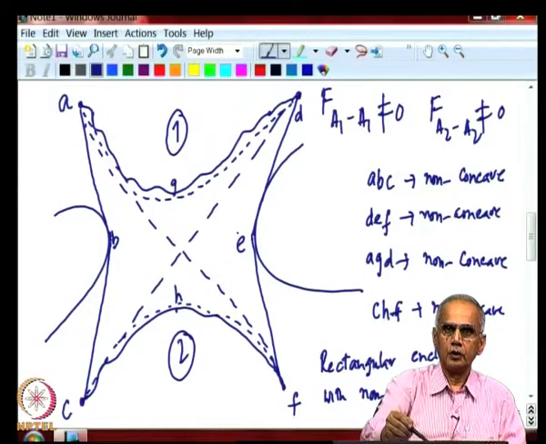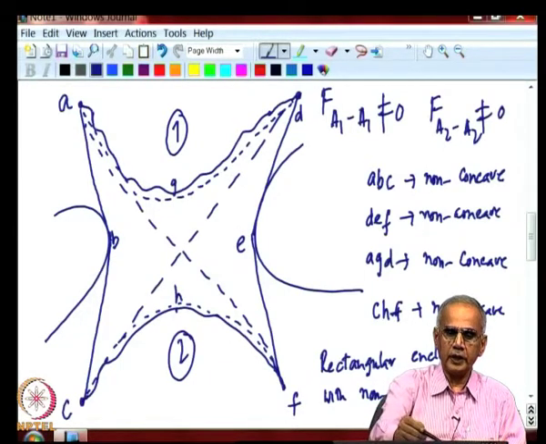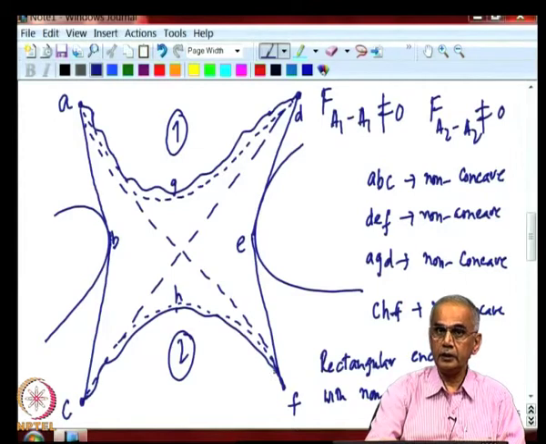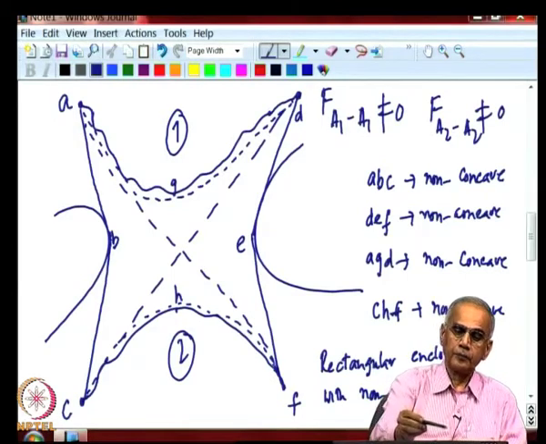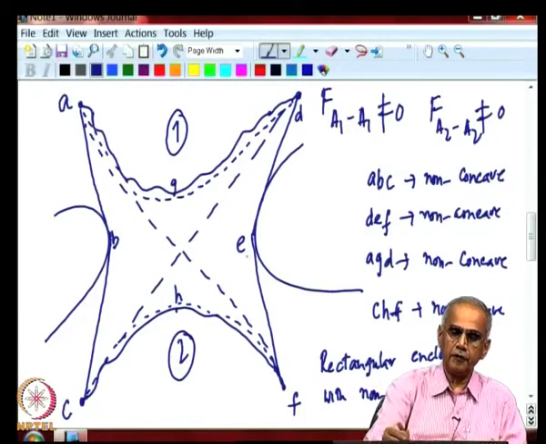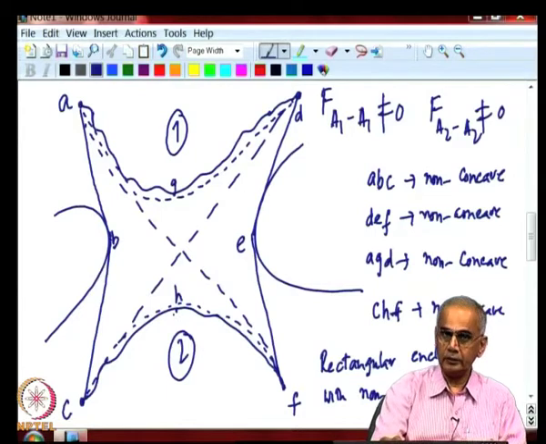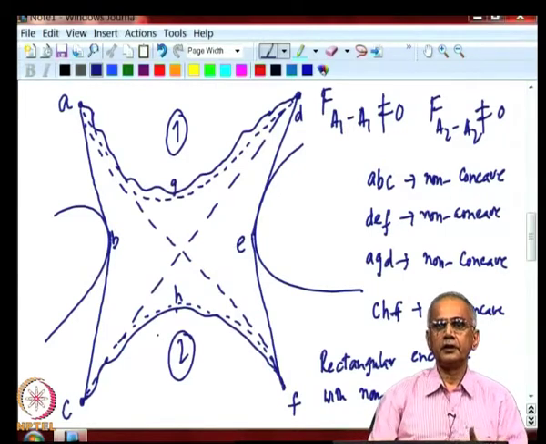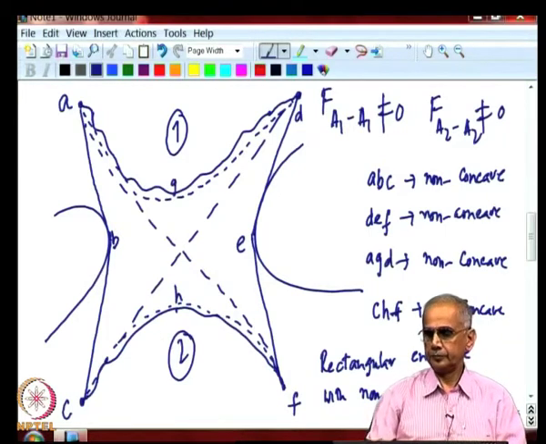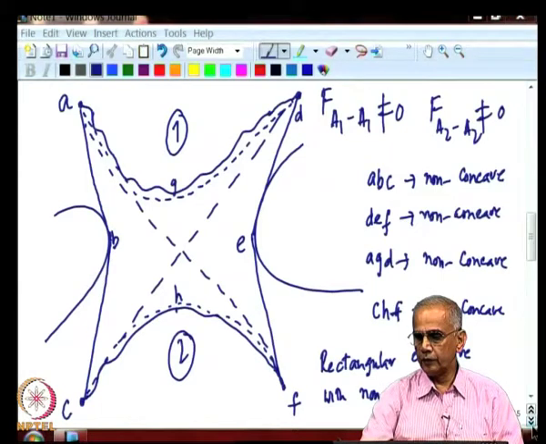So, the remaining unknown is AGD to CHF, which is what we need, but we know that the sum of shape factors AGD to ABC, AGD to DEF and CHF is equal to 1, and hence knowing these two we can get the third, because the sum of the three is equal to 1. So, that is what we have used here.